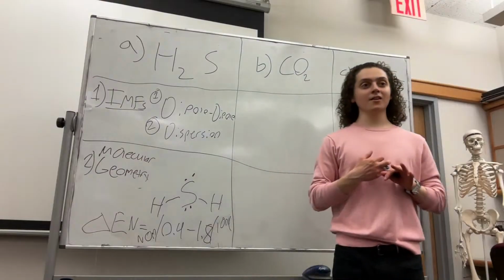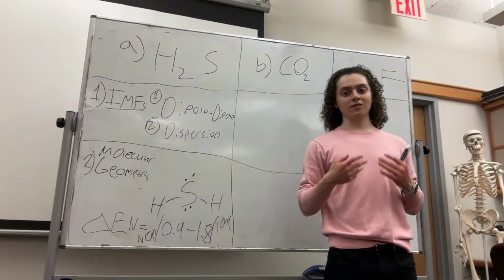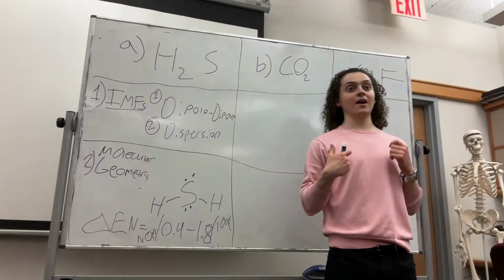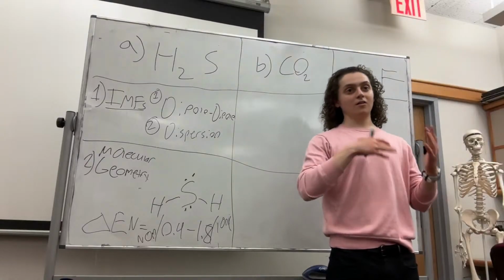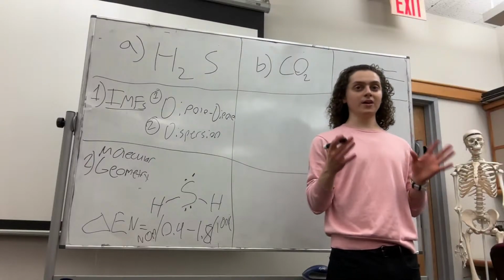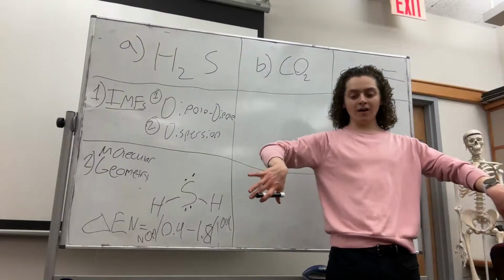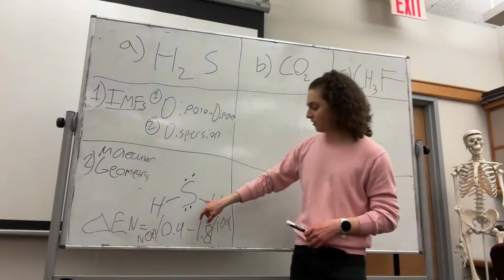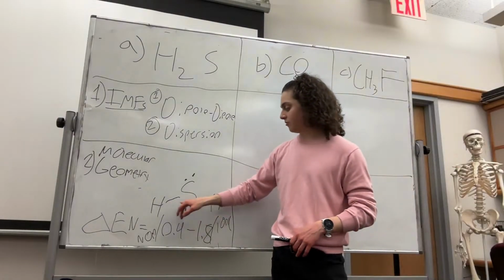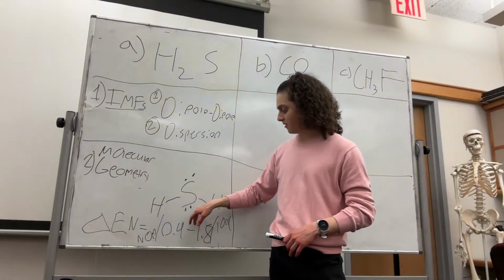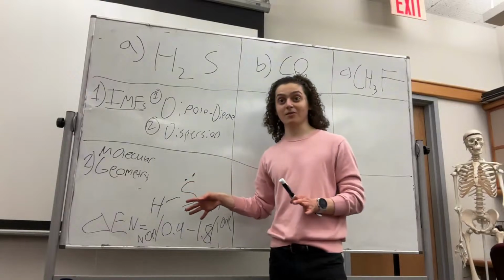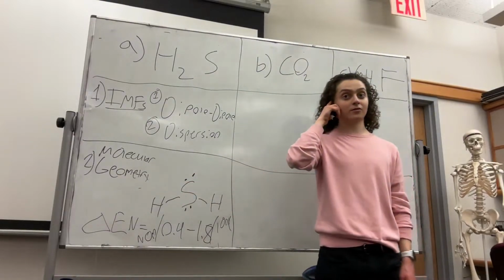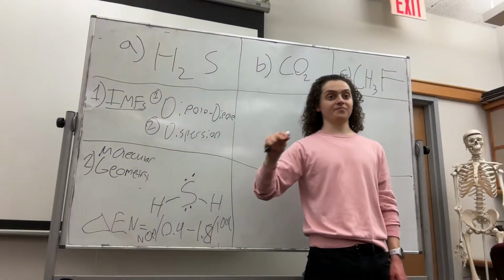The way that I like to start answering this question in a more conceptual way is how many atoms is it bound to, and how do those atoms need to change around in order to make the molecule have electrons as far apart from each other as possible. So here it's a sulfur with 2 hydrogens, and that's how many atoms it's bound to. So our central atom, sulfur, has 2 atoms that it's bound to. So that's where we start.